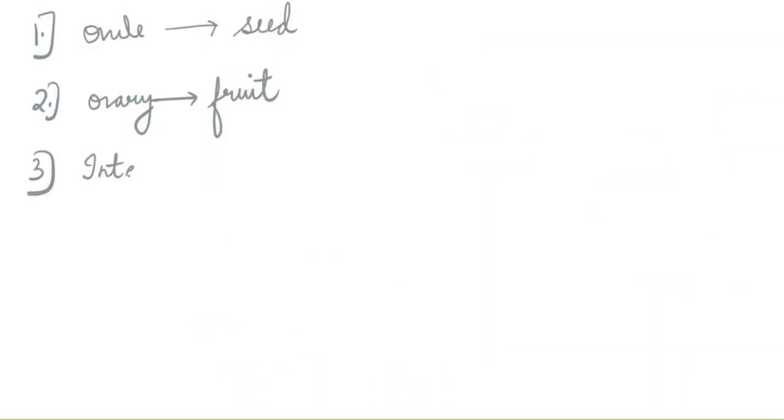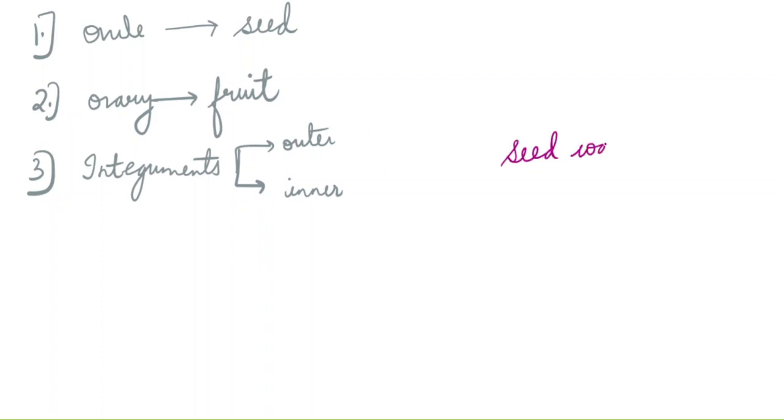Integuments are of two layers, two coverings: the outer integument and the inner integument. These two layers convert into the seed coat. Okay, what it converts into: seed coats.